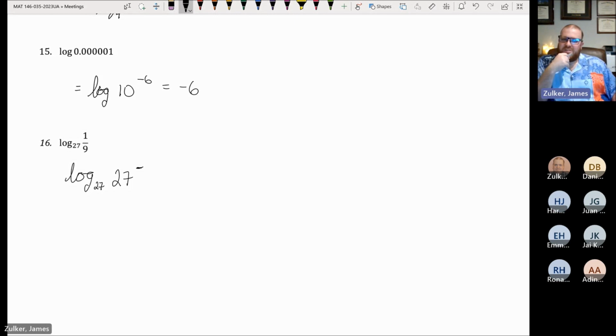Be 2/3. Cubed root of 27 is 3. 3 squared is 9. That makes our log equal to -2/3.